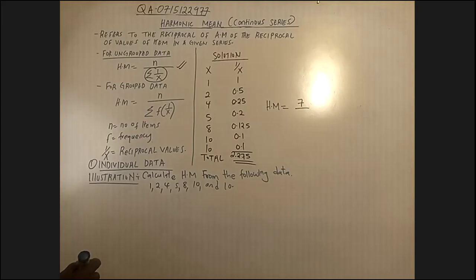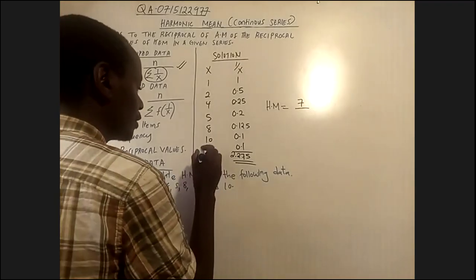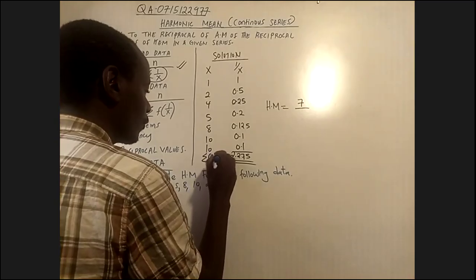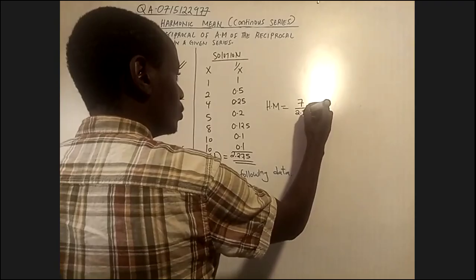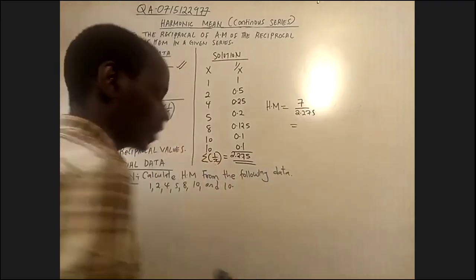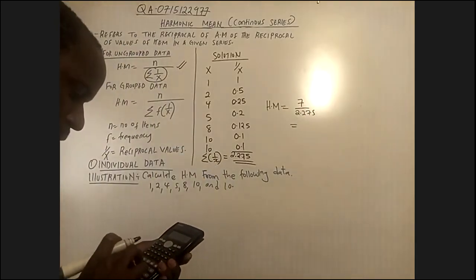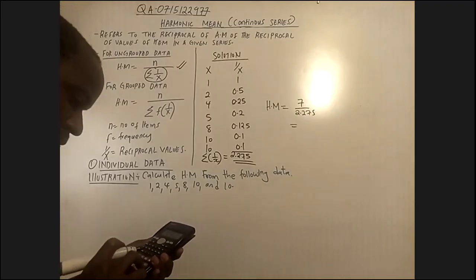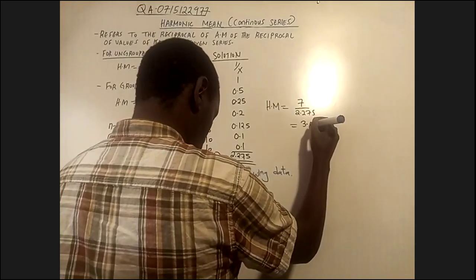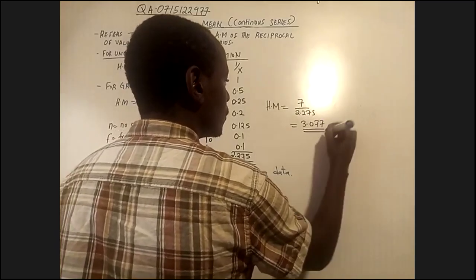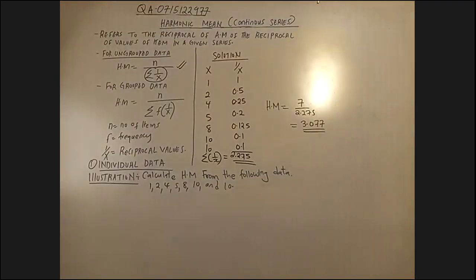It is 2.275. What is the answer? 0.077. So that is for individual data.